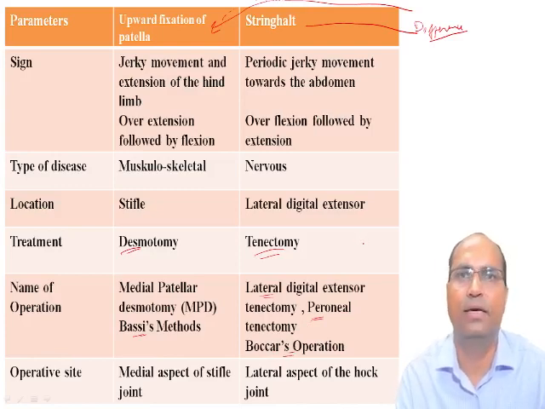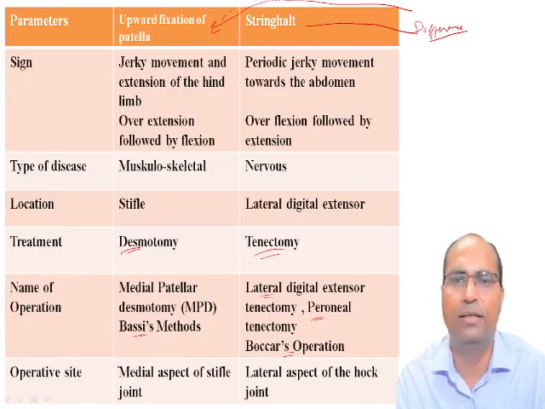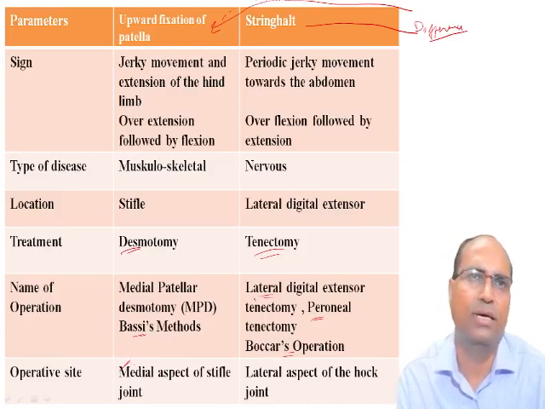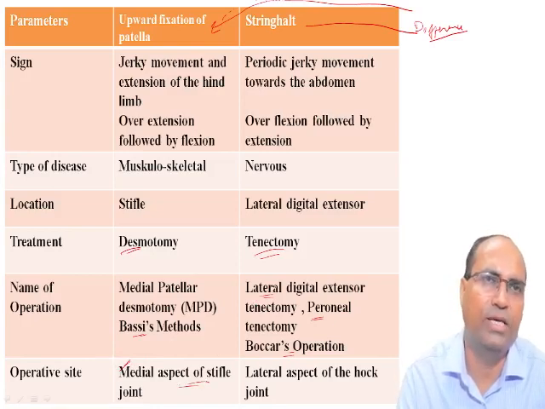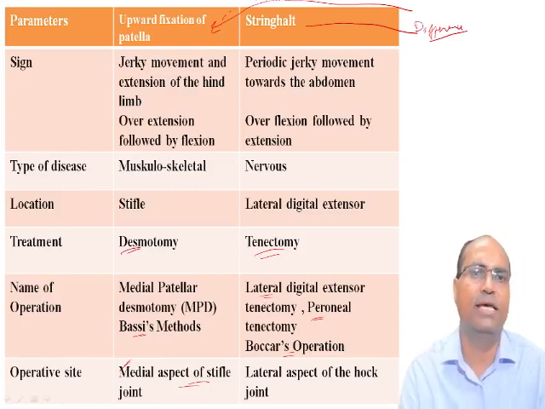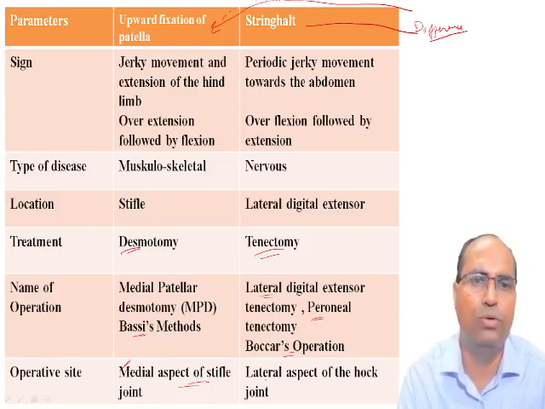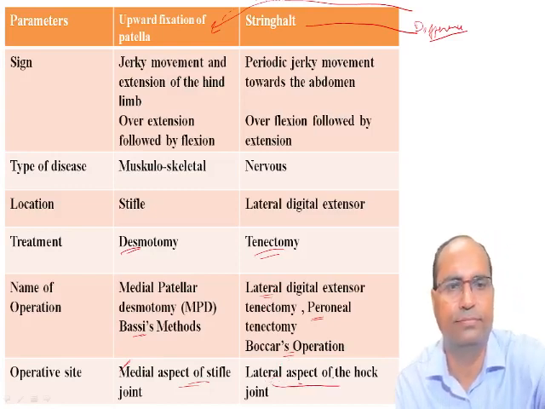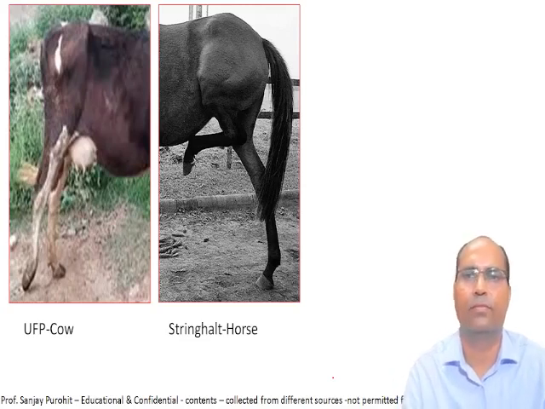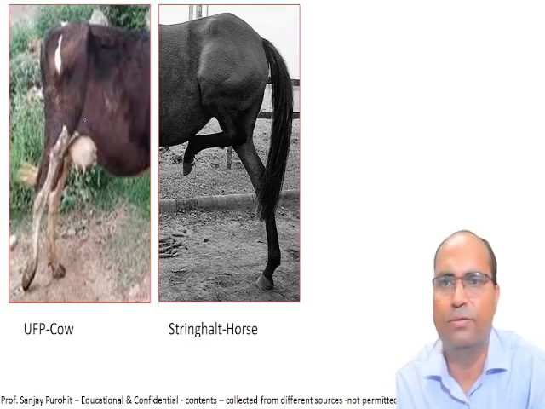Operative site. In case of upward fixation of patella, the medial patellar desmotomy is performed on the medial aspect of the stifle joint, while in case of Stringhalt, the lateral distal extensor tenectomy is performed on the lateral aspect of the hock joint. This photograph shows upward fixation of patella.